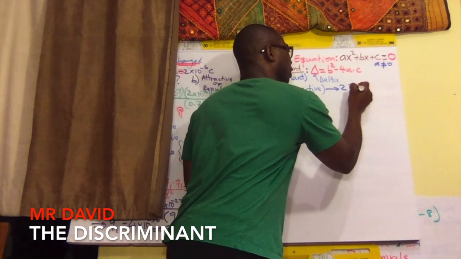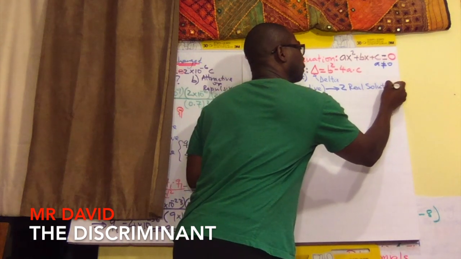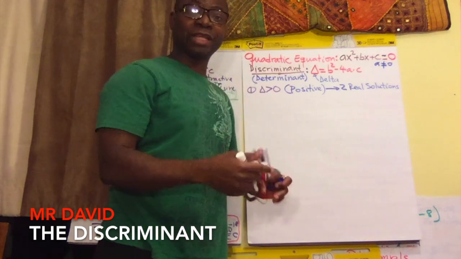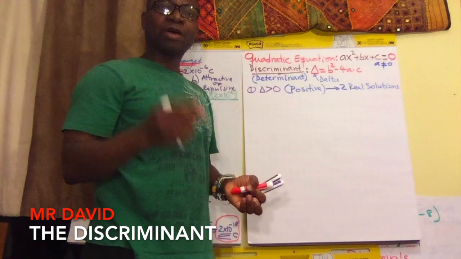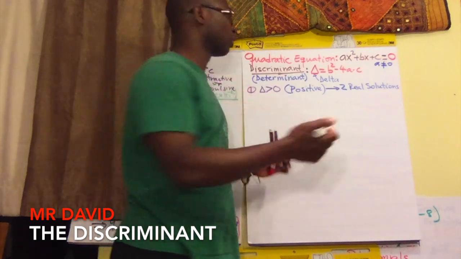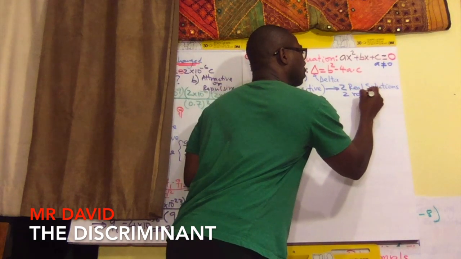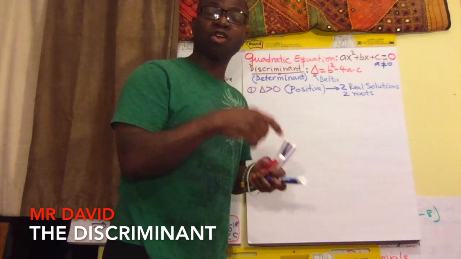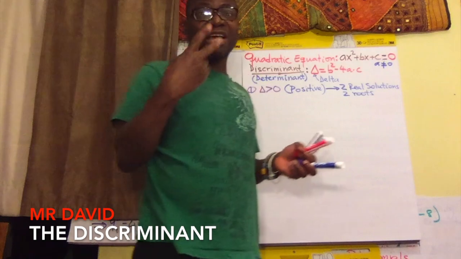So if after we do the calculation delta happens to be positive, meaning greater than 0, then we know we have two solutions, or two roots. Or it crosses the x-axis twice. It means you have two roots.